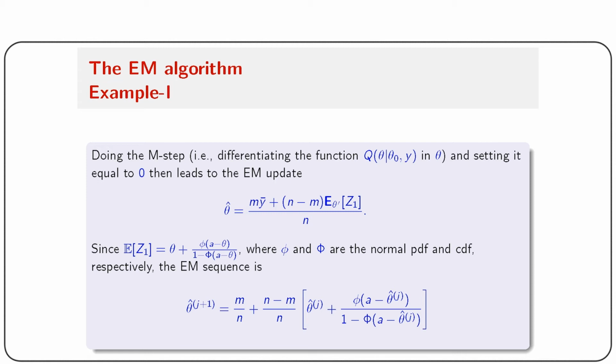The EM sequence then becomes theta hat j plus 1 equals m by n y bar plus (n minus m) by n times theta hat j plus phi(a minus theta hat j) divided by 1 minus capital Phi(a minus theta hat j).